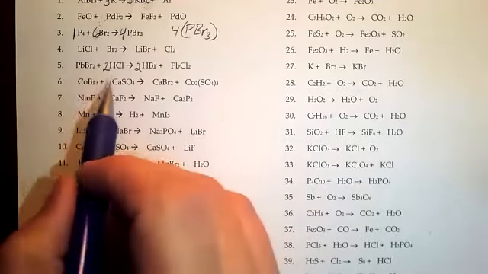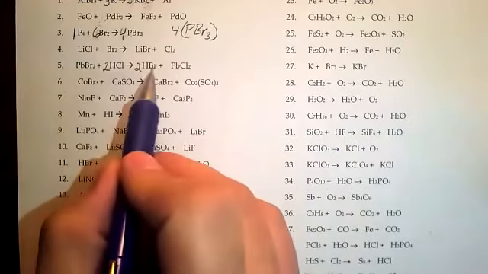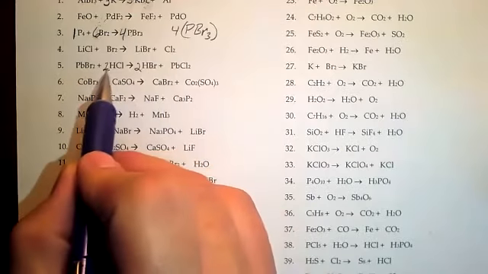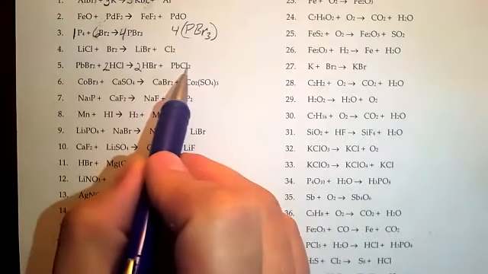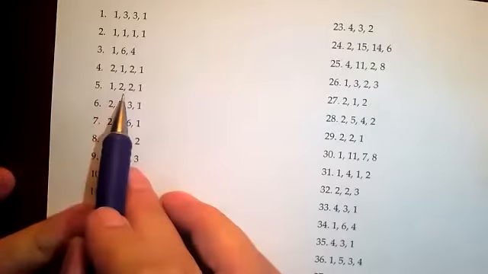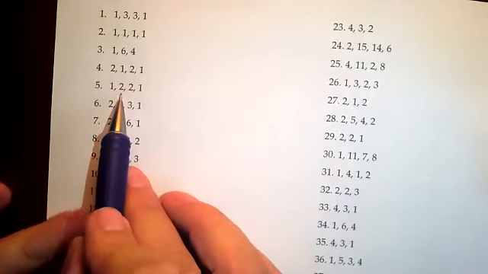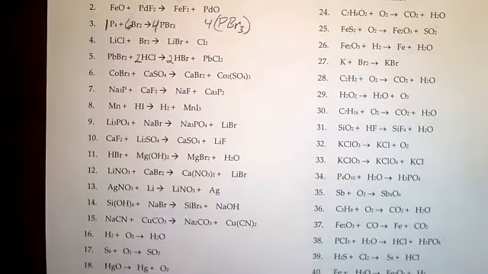So let's double check. 1 lead on the left, 1 on the right, 2 bromines on the left, 2 on the right, 2 H's on the left, 2 on the right, 2 CLs on the left, 2 on the right. Okay. And then it's 1, 2, 2, 1. And I think all the answers have been fixed because this is the 3rd year or something I've used this. So I think we got all the mistakes fixed.